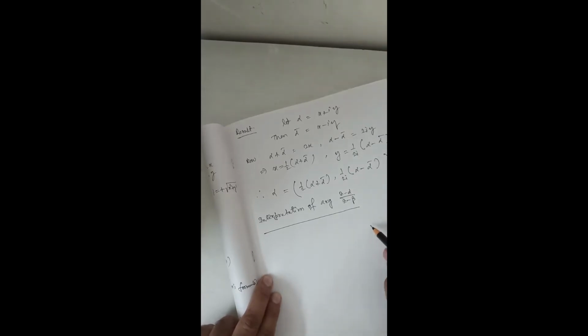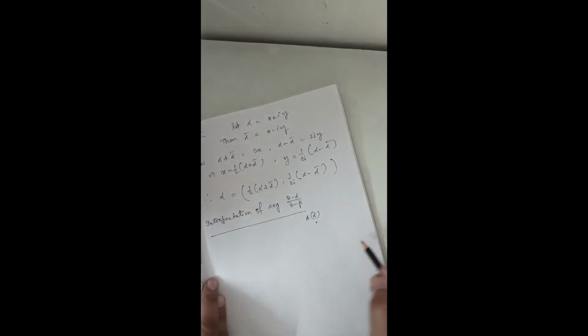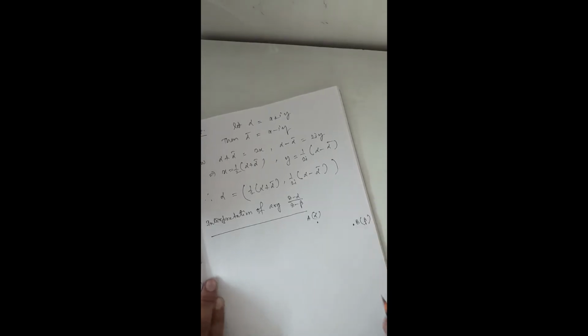Suppose two complex numbers: the point A represents the complex number alpha, and point B represents another complex number beta.